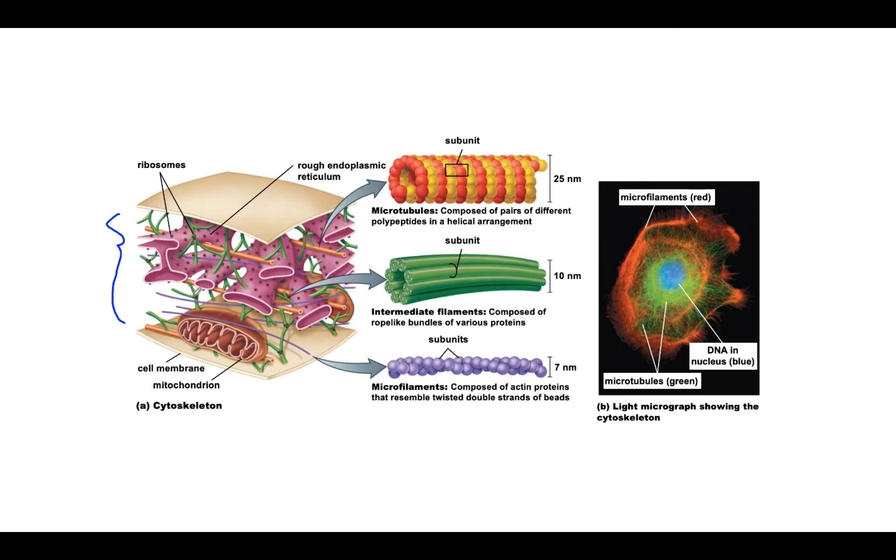This purple line represents microfilament. They form a network of fibers inside the cytoplasm. Therefore, they can hold and anchor organelles in certain locations. Therefore, the cell overall maintains structure and shape.